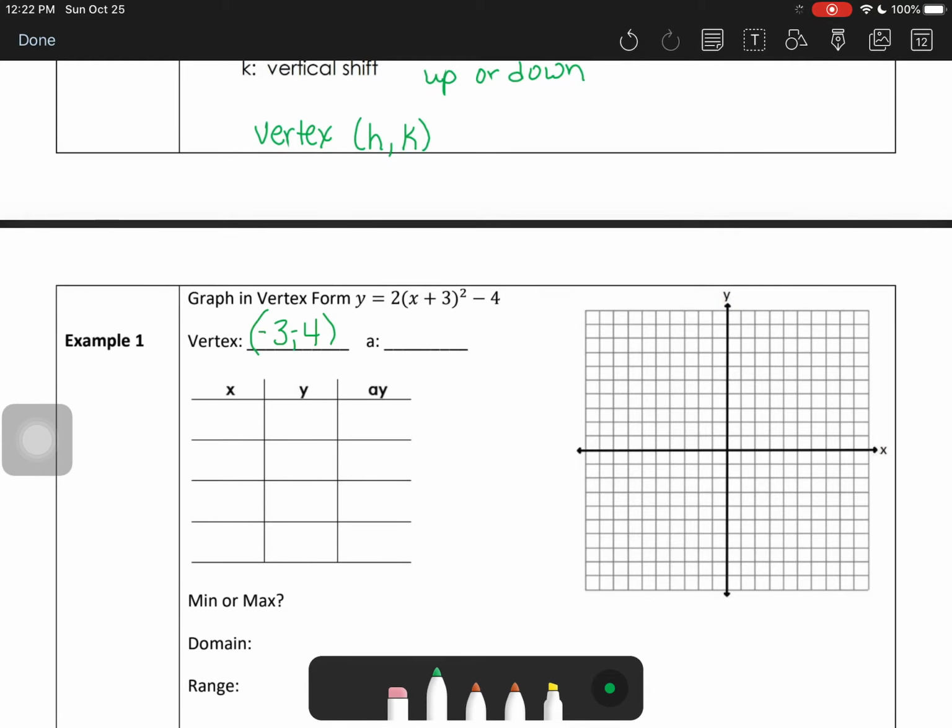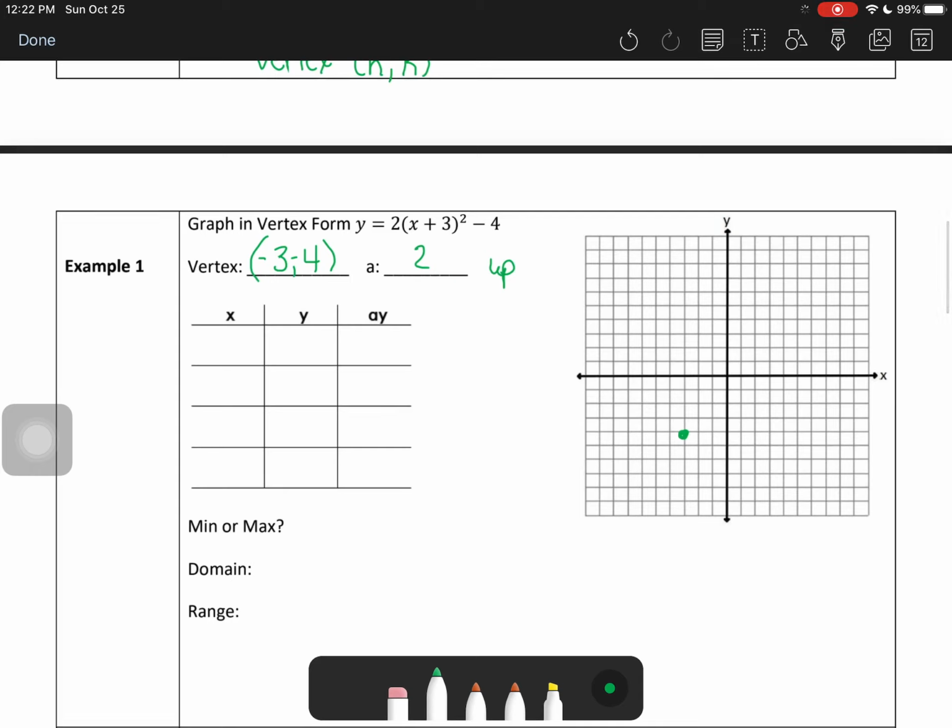So when we graph that, we have (-3, -4). Our a value is 2. So if you remember, our parabola then, since this is a 2, is going to open up. And when it opens up, we know that it has a minimum as our vertex.